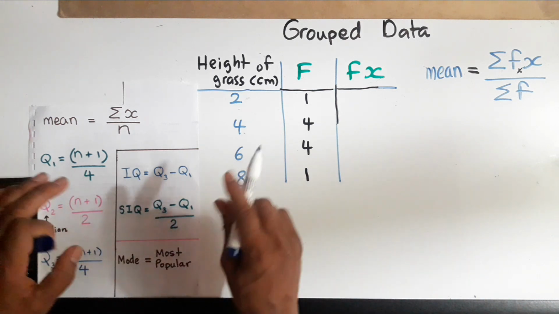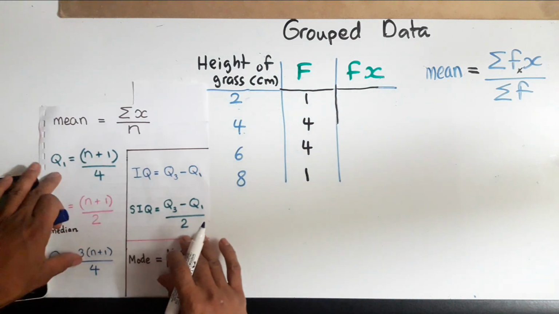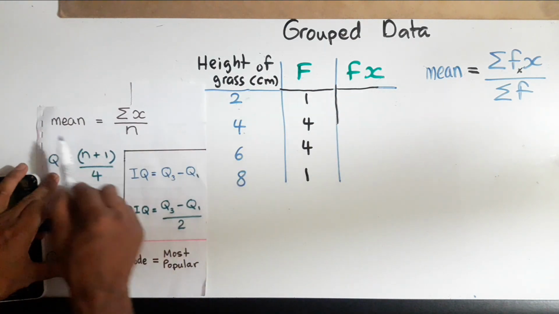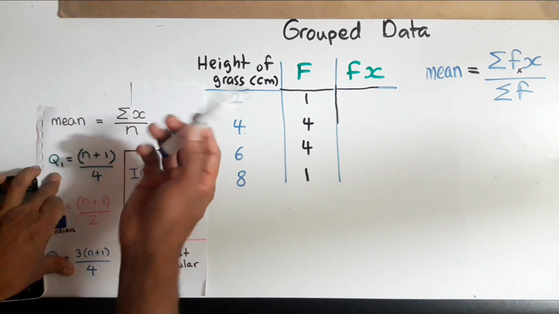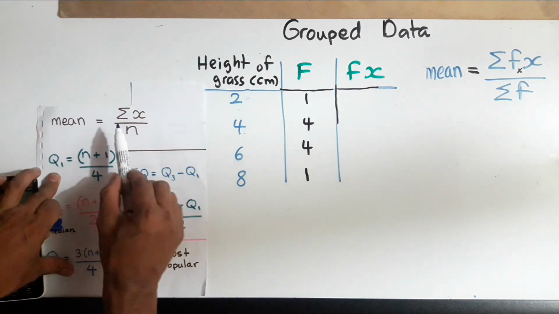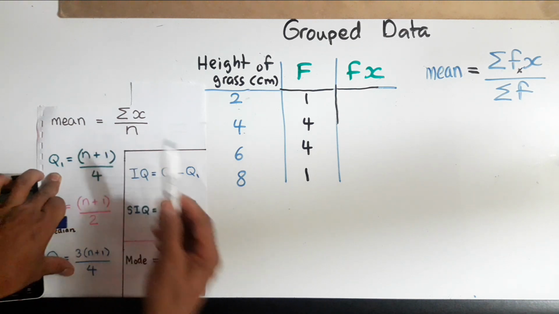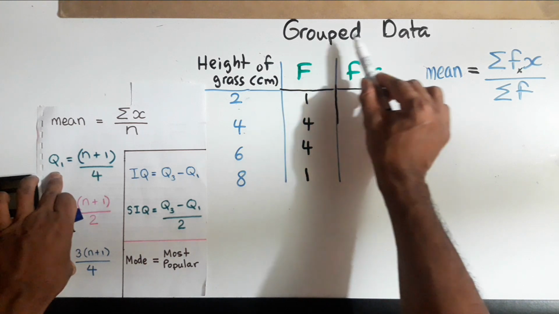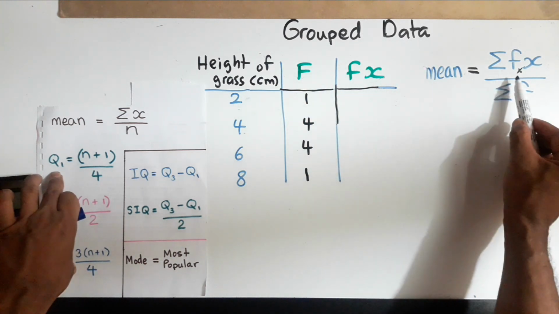If this is grouped data, when they put it in a nice table like this, and the examiner were to ask me to find the mean of ungrouped data, that was the last part of the video, it would just simply be sigma x divided by n. But when it's grouped data, the mean has a slight change.